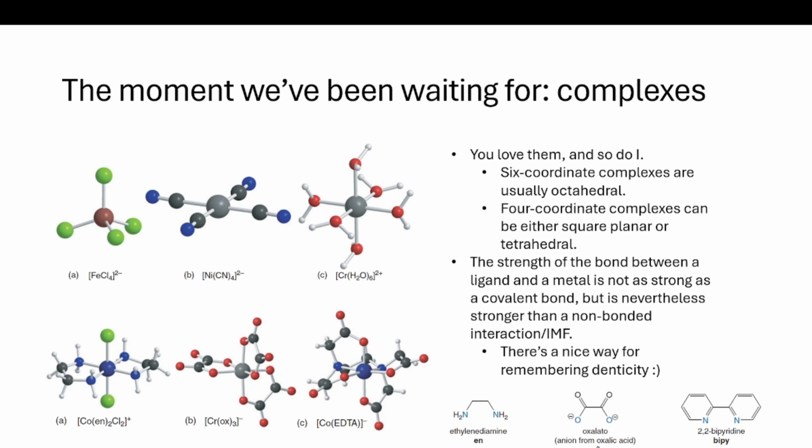Now, here's the moment that we've all been waiting for, complexes. So complexes come in a variety of different forms. We have simple tetrahedral complexes, such as in complex A, we have square planar complexes, octahedral complexes, weird octahedral complexes, and overall just complexes that come in so many different forms and shapes.